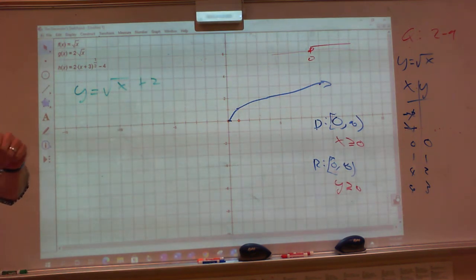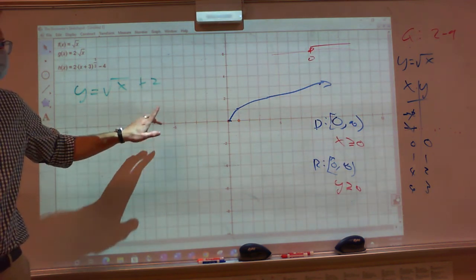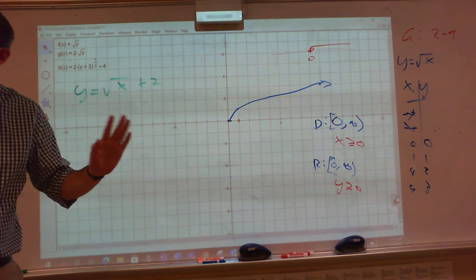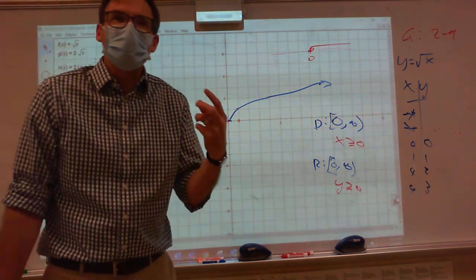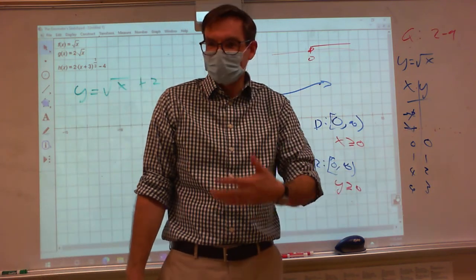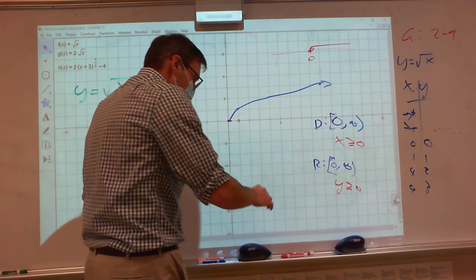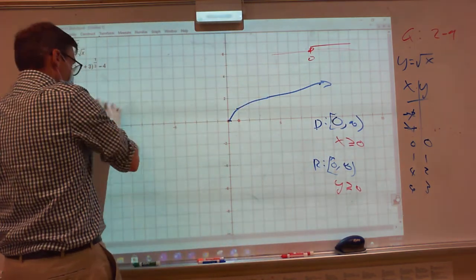Moves it up 2. Is the 2 inside or outside? It's outside. Actually, stop taking notes. Let's review what we remembered about parabolas. I just talked about the parabolas, but I didn't actually review it. So don't write any of this down. We'll come back to that problem.